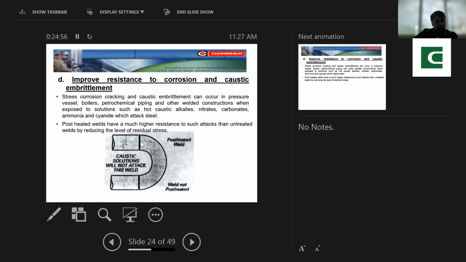So if we have post-weld heat treatment, this is better. It could avoid caustic embrittlement compared to a weldment without post-weld heat treatment.